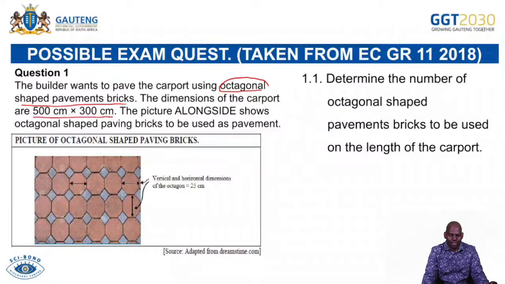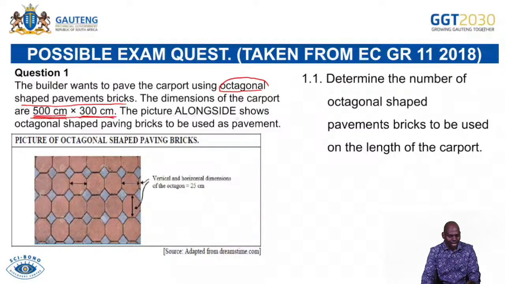The carport is a rectangular shape, so the longer side is 500 centimeters and the shorter side is 300 centimeters. It simply means the length is 500 centimeters and the width is 300 centimeters.